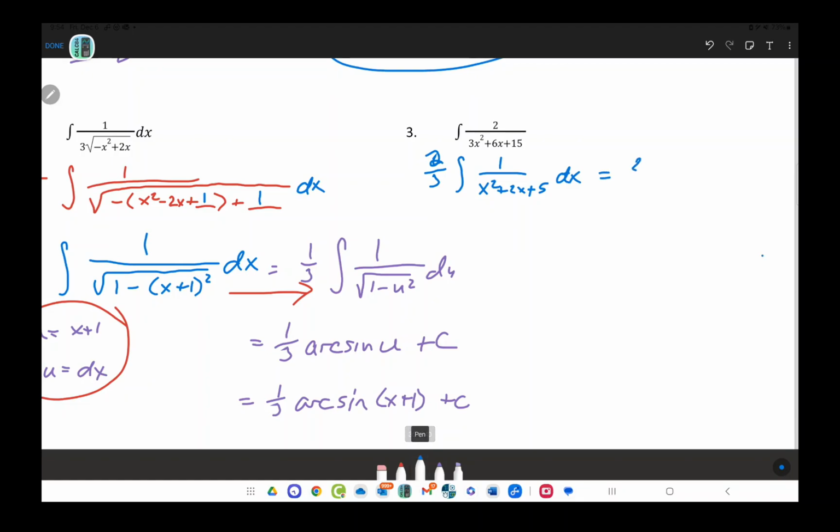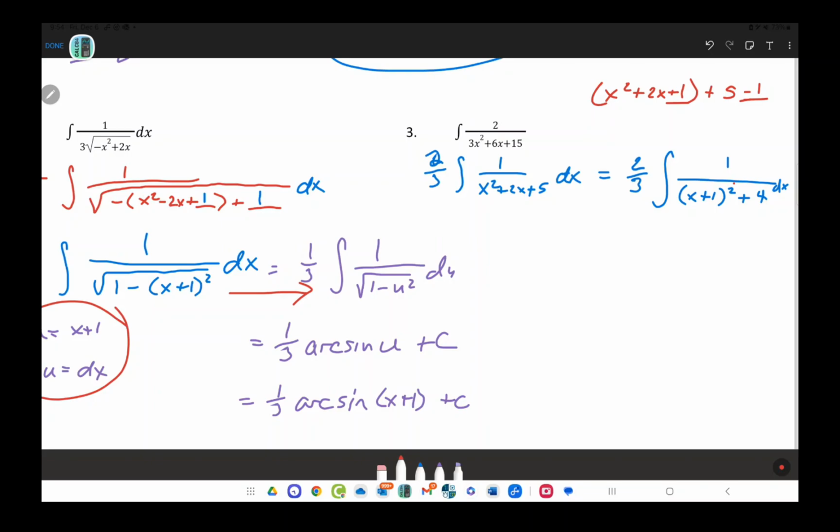Before you go on, let's make sure x squared plus 2x plus blank plus 5. To change it, plus 1 minus 1. We had to subtract 1 here to balance it out.